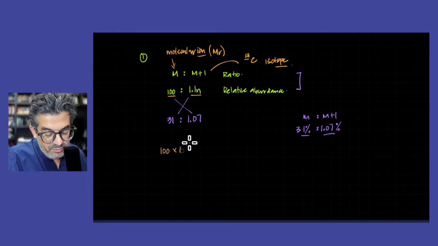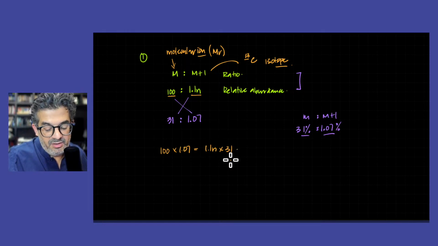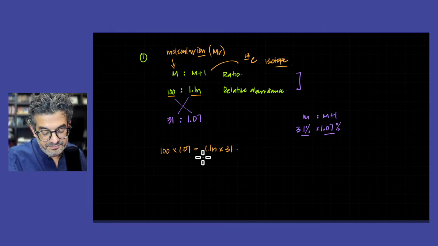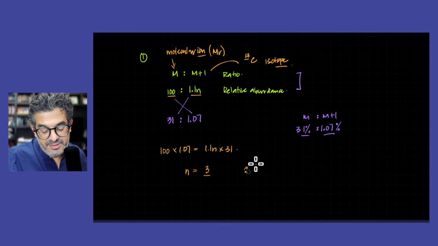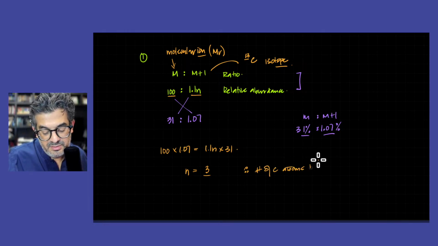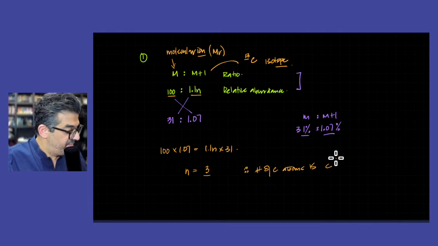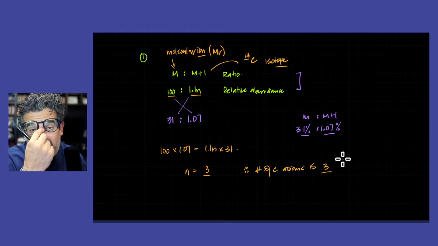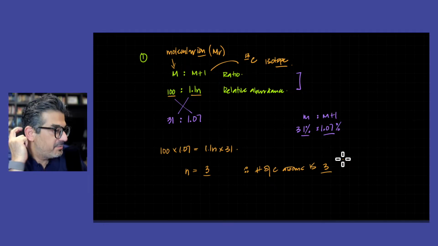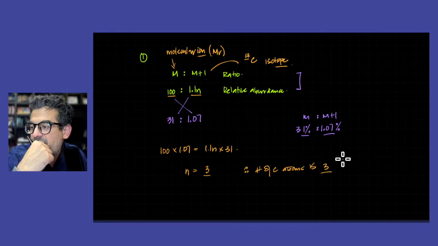So 100 times 1.07, this is how you solve ratios, as you remember from high school math. You solve for the closest whole number, which I have a feeling would come out to be 3. So the number of carbon atoms in the molecule is 3. Using math and mass spec, we can exactly find the number of carbon atoms. That's where mass spectrometry comes in handy.